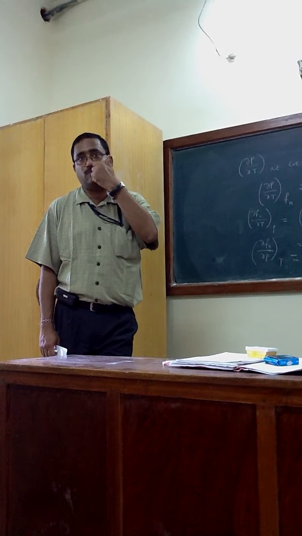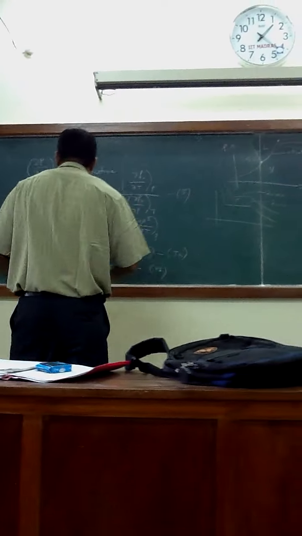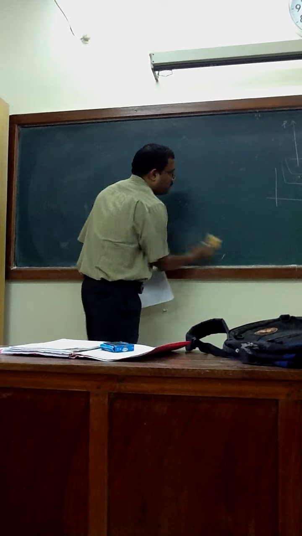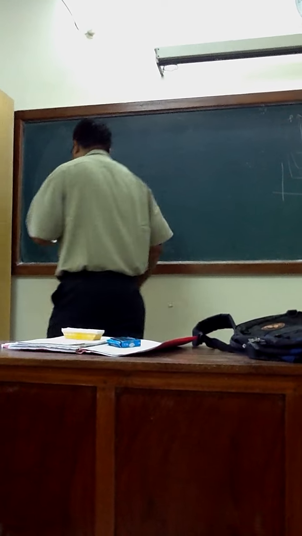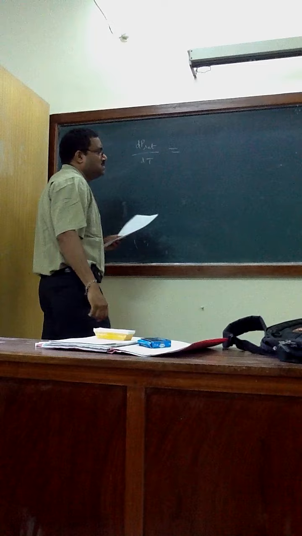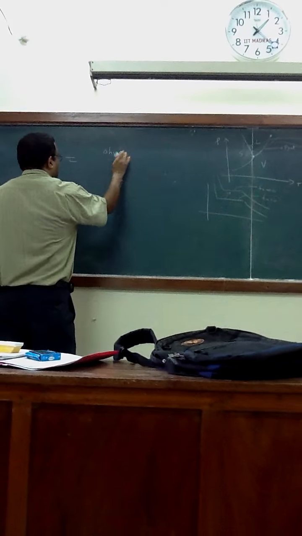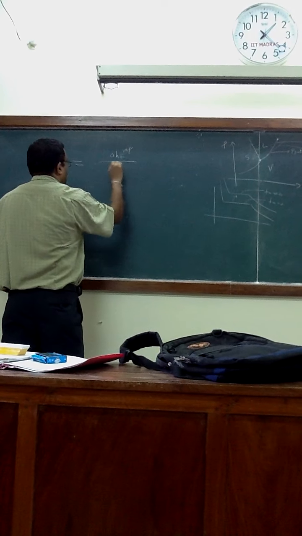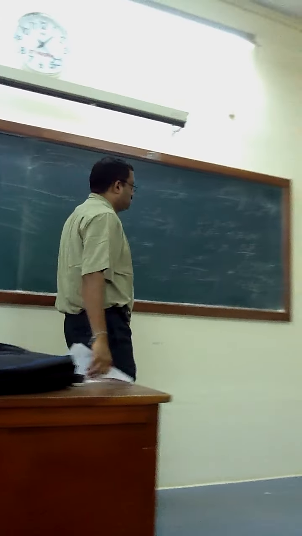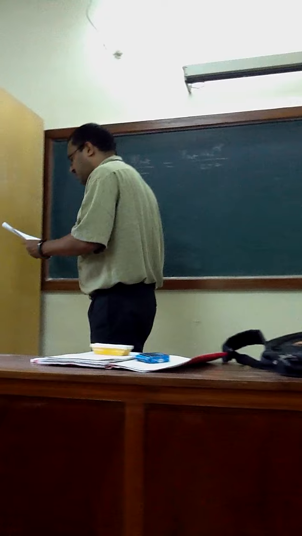So, based on these two assumptions, what do we get finally? dP sat by dT is delta H vaporization over RT squared times P sat.